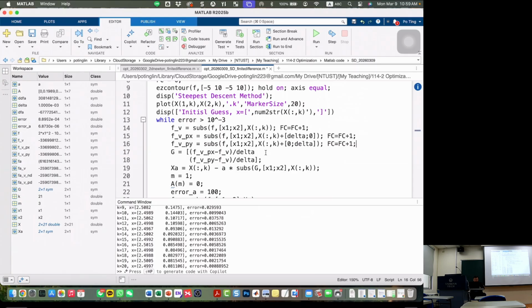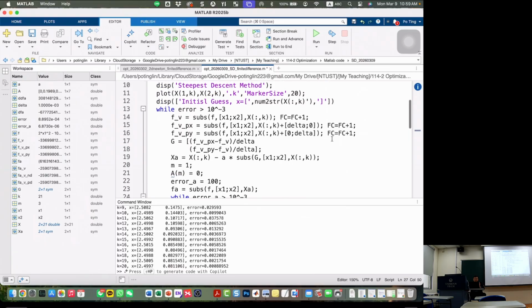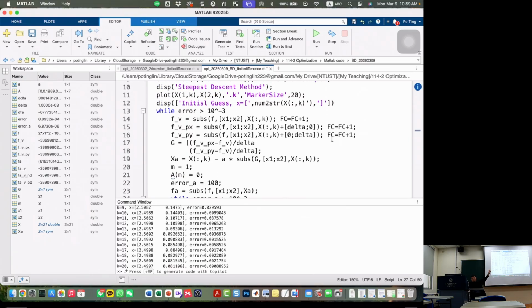Whenever you evaluate the function, add 1. Here you also evaluate the function call inside the subproblem. For steepest descent, for the outer loop, the main loop, you need 3 function calls for a 2D problem, so you can compute the gradient.